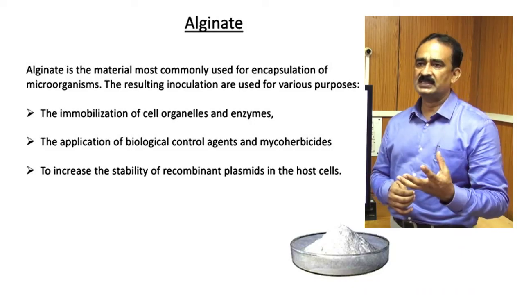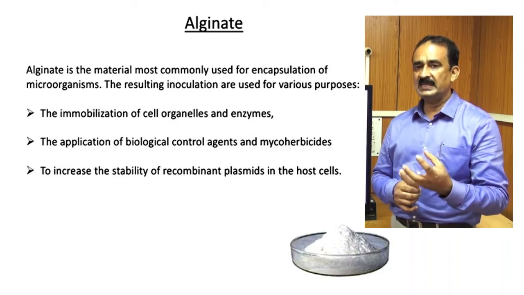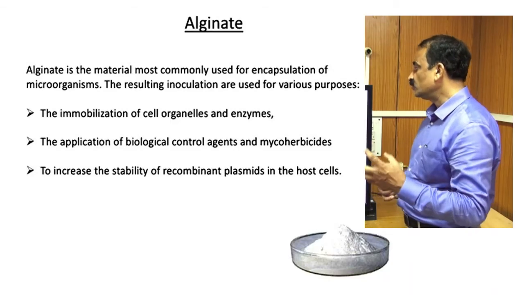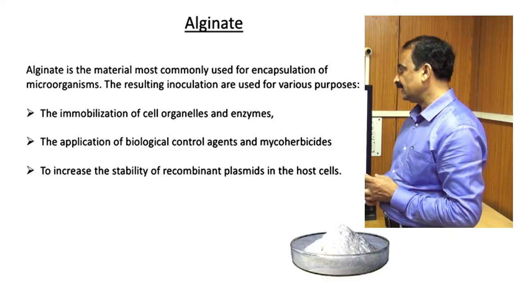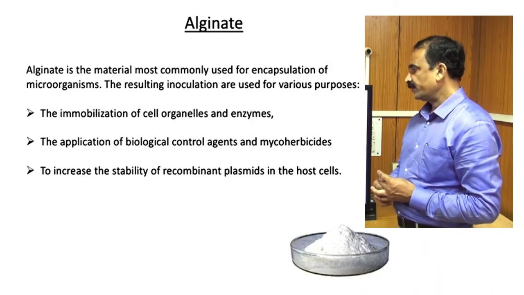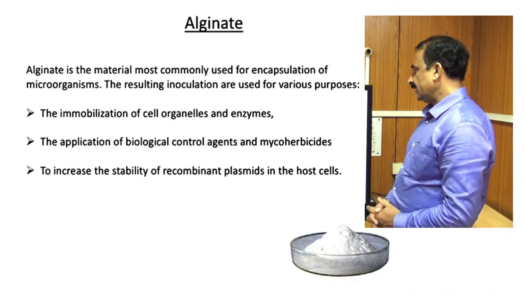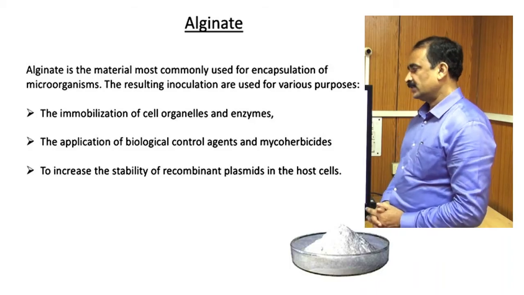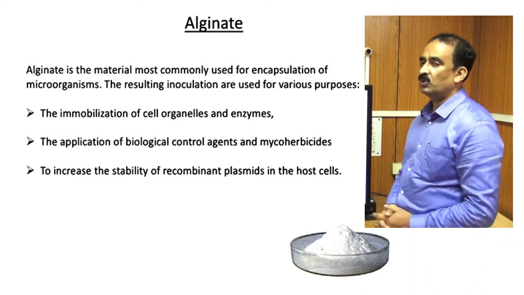It may be nitrogen fixer, it may be phosphate solubilizer, it may be micronutrient mobilizer, etc. These resulting inoculations are used for various purposes like immobilization of the cell organelles and enzymes, the application of bacterial control agent and mycoherbicides, and third, to increase the stability of the combination of plasmid in the host cell.